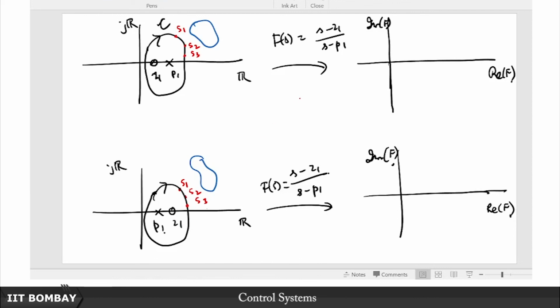So what is going to be this function here? Let me call the length of this line as L11 and this is, say, L12, right.